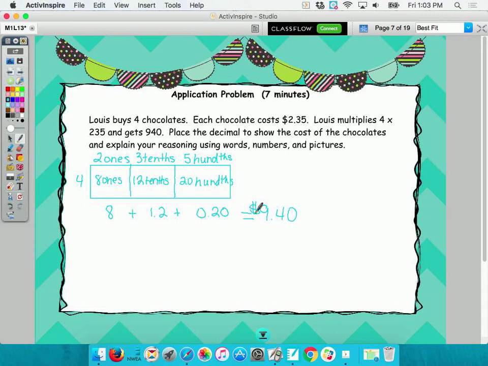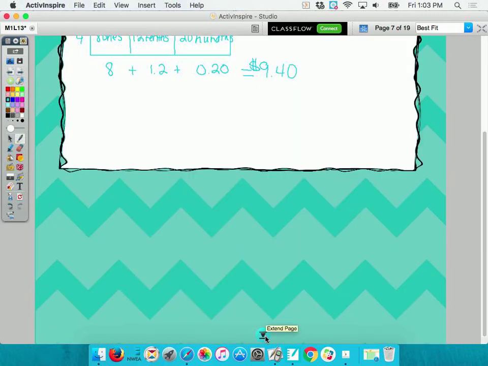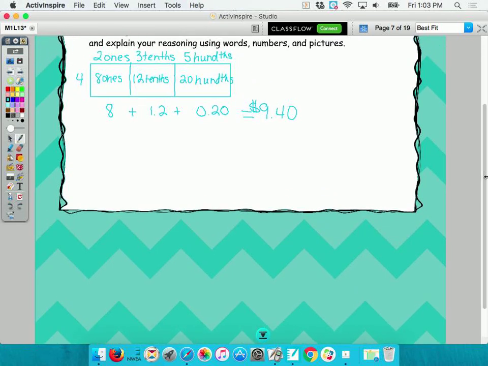Okay, so how can I write that in a sentence explaining why we decided between the 9 and the 4? Any ideas? Nope. Morgan, what do you think? Lewis is right in multiplying because I got $9.40. Lewis got 940.